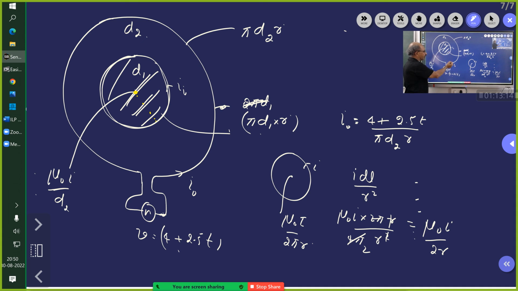If it was the same everywhere it would be simple, but now the magnetic field at each of these points is different. You see, a similar problem we have solved, but they had made our life simple by telling us to consider a small loop. Here the loop is not small. So you have to account for the magnetic field at each point.